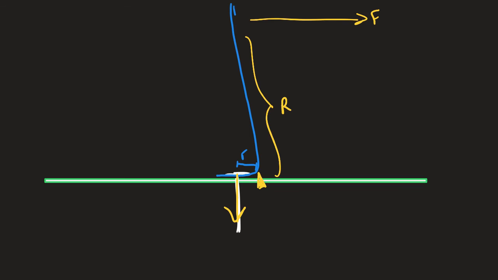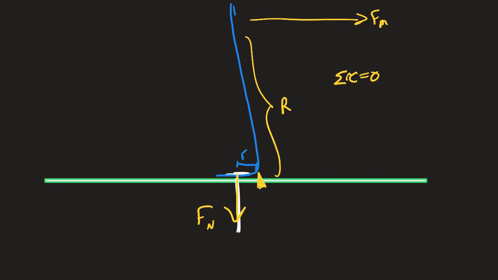Now, if these two torques are balanced, we'll call this the force on the nail. I'm sorry, this is the force from the nail, and this is the force from me. Then the torques, when balanced, mean the nail still doesn't budge, correct?